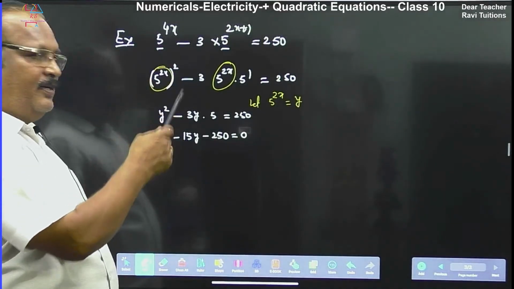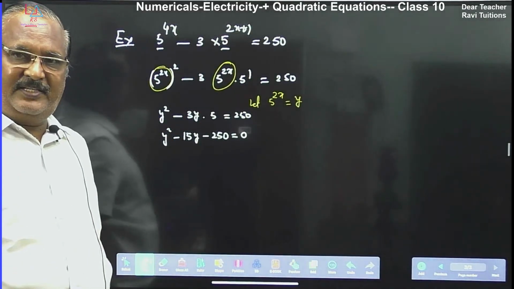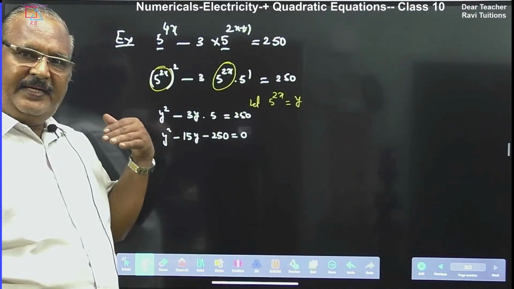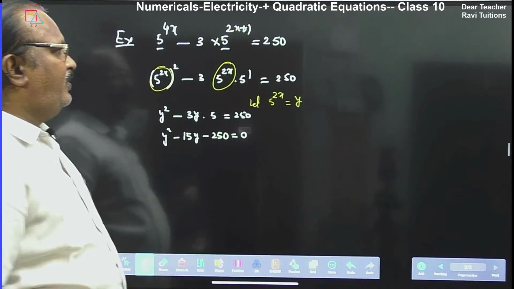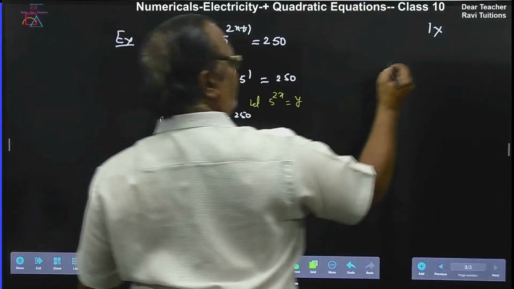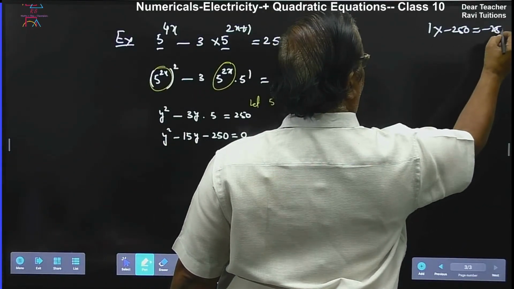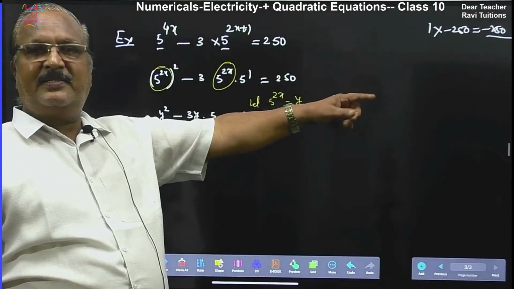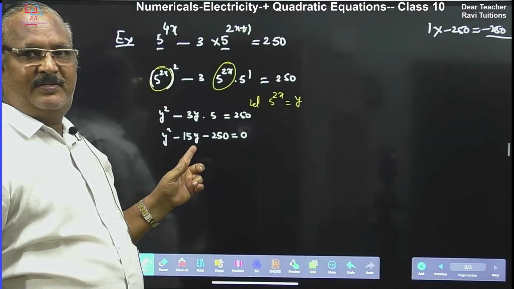Now, because it is not given whether to use the factorization method or the formula method, you can do it in any method. I will follow the factorization method. The y squared coefficient is 1 and the constant is minus 250, so the product is minus 250. The product is minus, so you have to subtract the factors to get the middle coefficient.